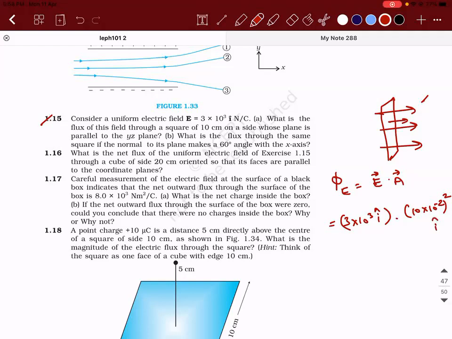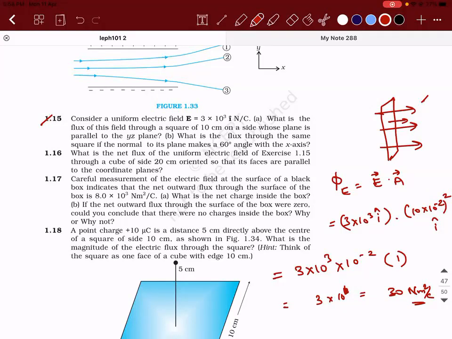So it will be 3 into 10 power 3 into 10 power minus 2 into i cap dot i cap, which is 1. So this will be equal to 3 into 10 power 1, that is 30 Newton meter square per coulomb. So the total flux that is coming out of this surface is going to be 30 Newton meter square per coulomb. So that is the first part of the question.